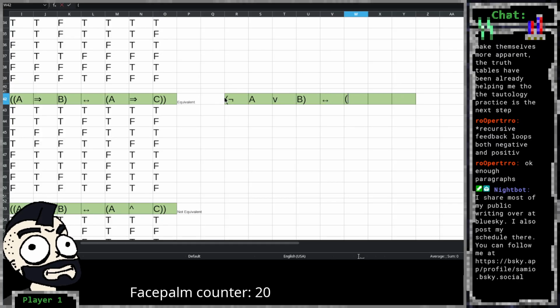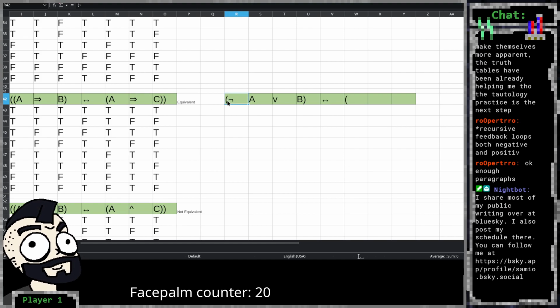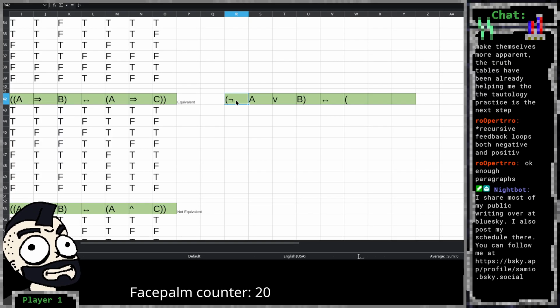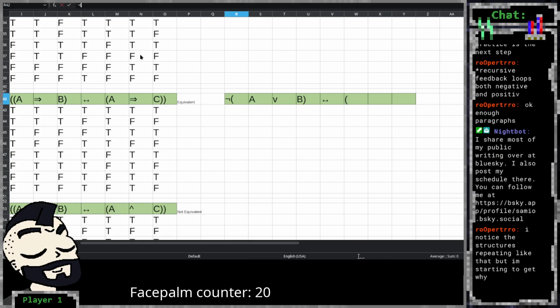Also, notice that the order of parentheses is very important. Parenthesis negation is very different than negation parenthesis. Because here, this negation is negating A. If I were to type this, I would be negating this disjunction.